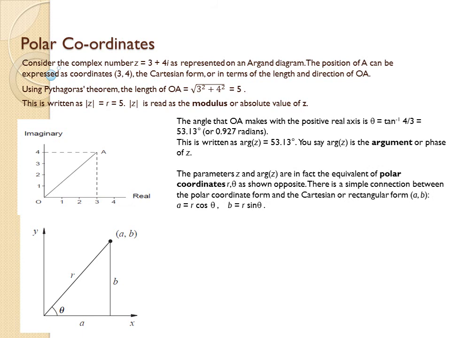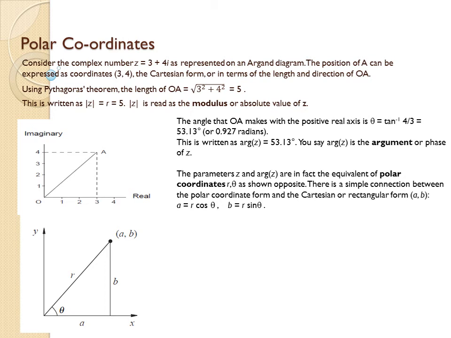The modulus of z and argument of z are in fact the equivalent of polar coordinates r and theta, as shown opposite. Opposite means the figure on the left-hand side. There is a simple connection between the polar coordinates and the Cartesian or rectangular form, that is A, B. So A equals r cos theta and B equals r sin theta.